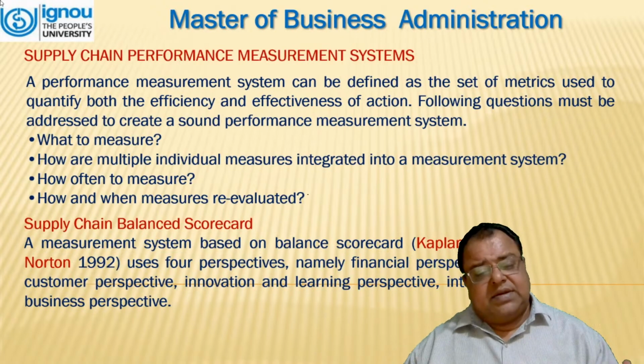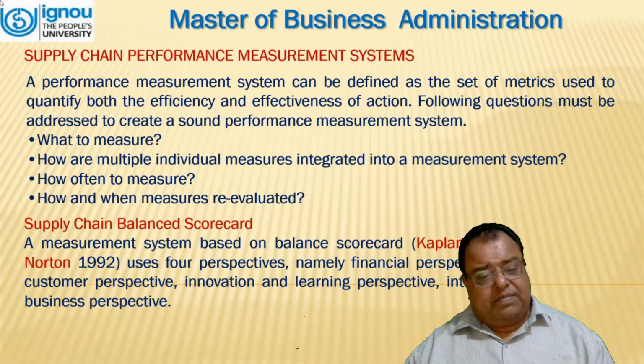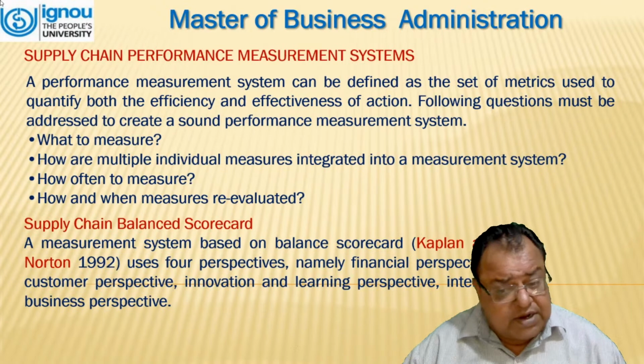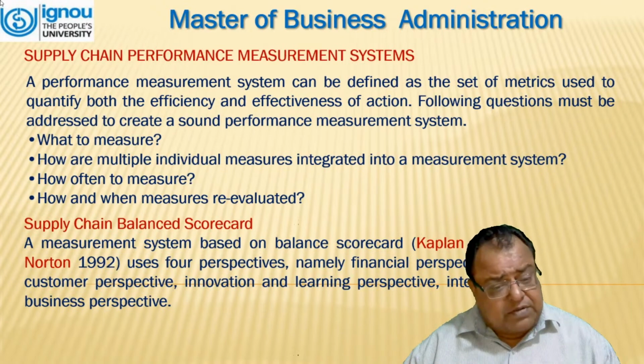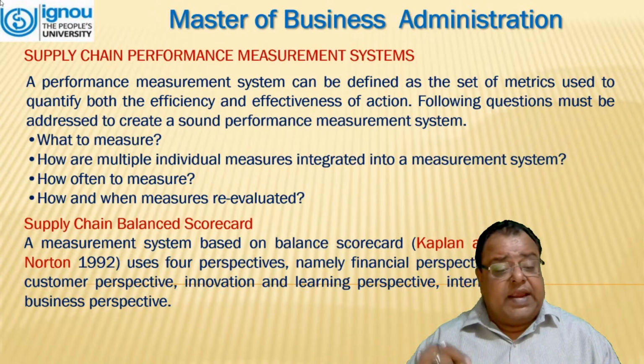Keeping that in mind, the supply chain balanced scorecard comes in. A measurement system based on the balanced scorecard of Kaplan and Norton uses four perspectives, namely financial perspective, customer perspective, innovation and learning perspective, and internal business perspective.